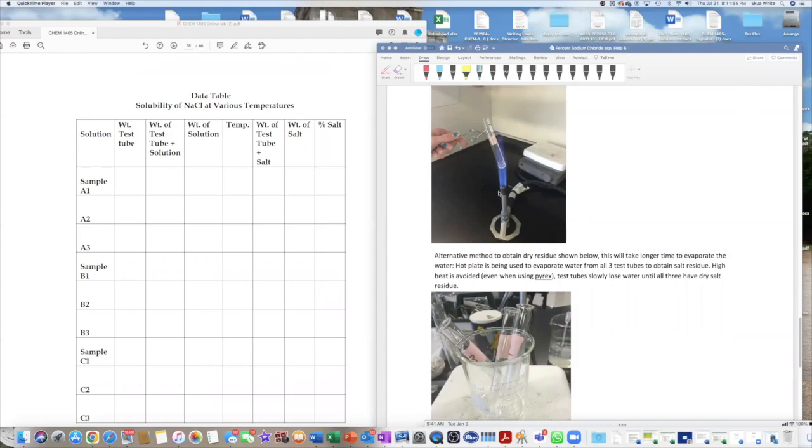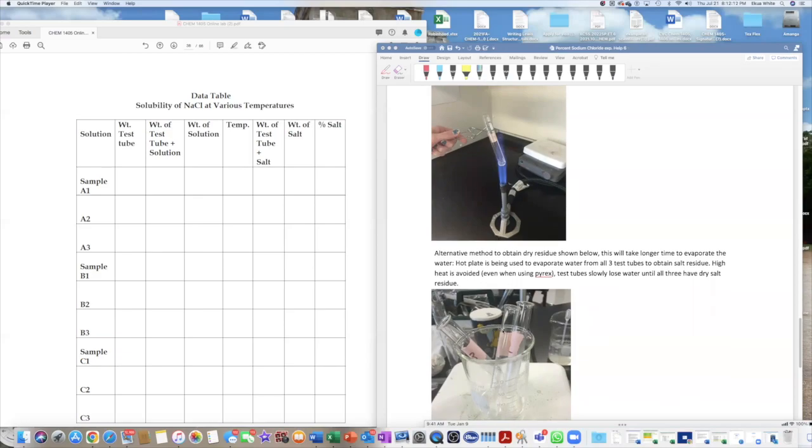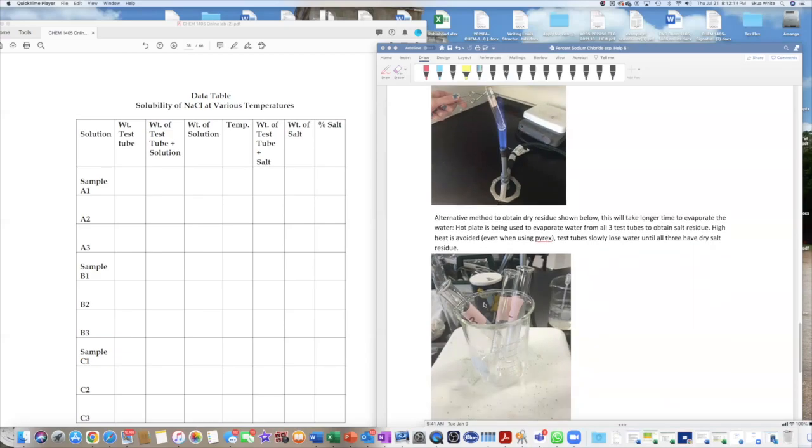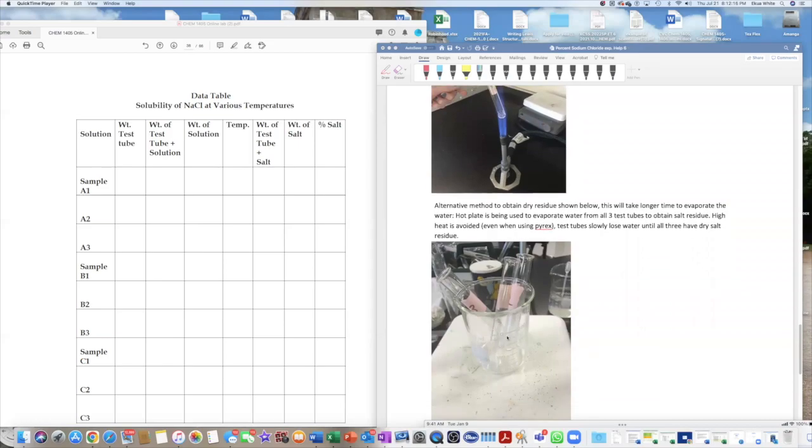If you feel safe enough, it's not a must, right? But remember, that can be dangerous. If you feel safe enough, you can use your gas stove at home, like a Bunsen burner, and it will heat faster.